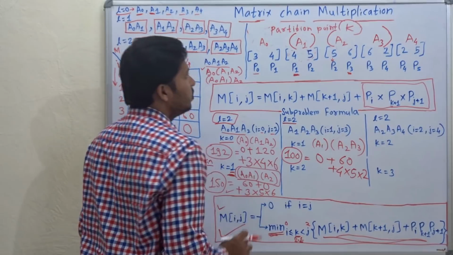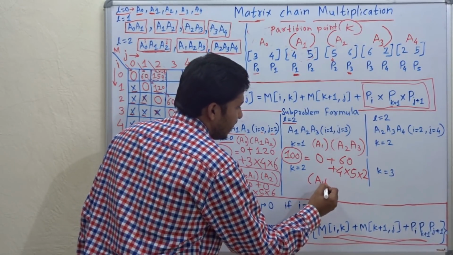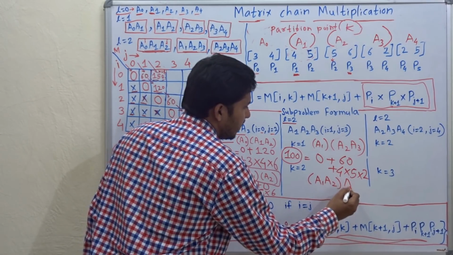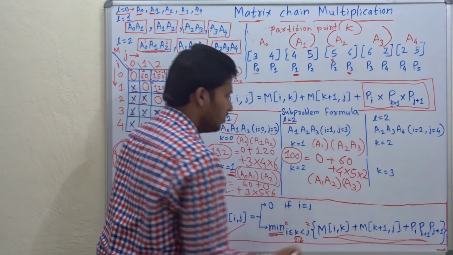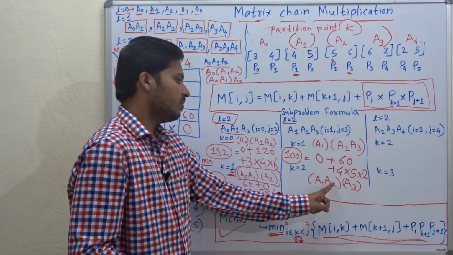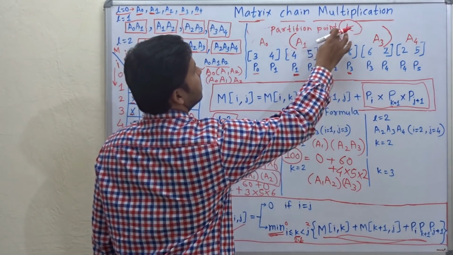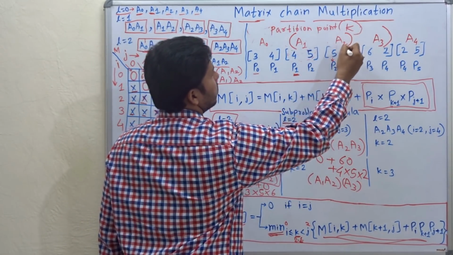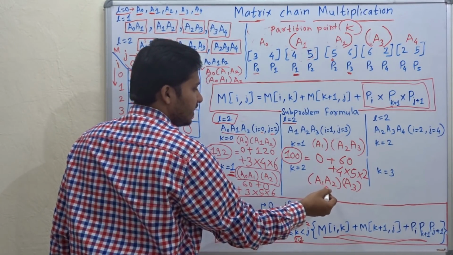Now, if k equal to 2, then what will be the partition? See, A1, A2 and A3. So this is the partition for k equal to 2 because the second matrix is the partition point. So what is the cost for A1, A2?